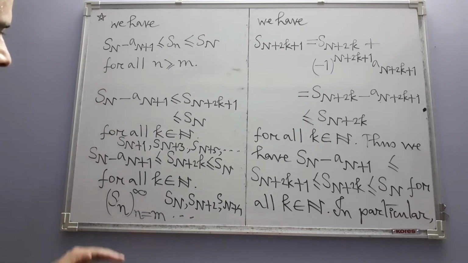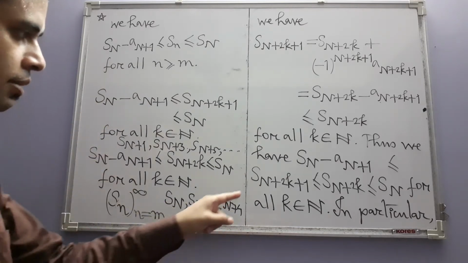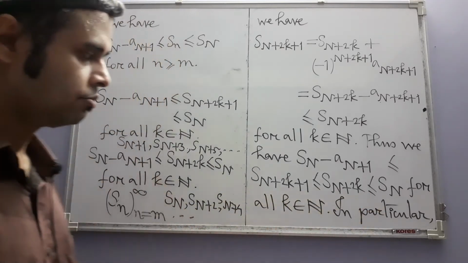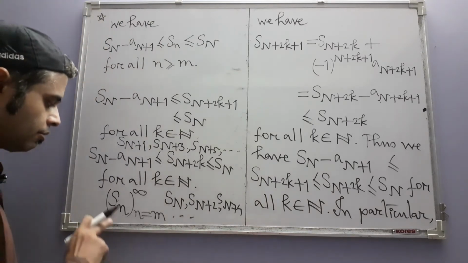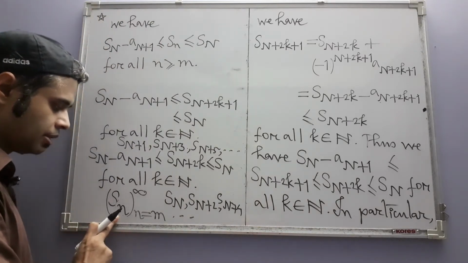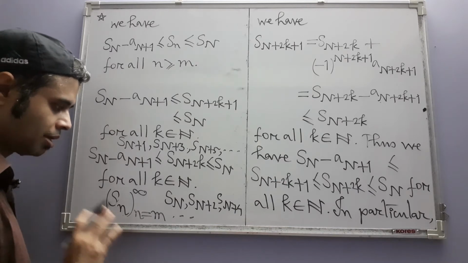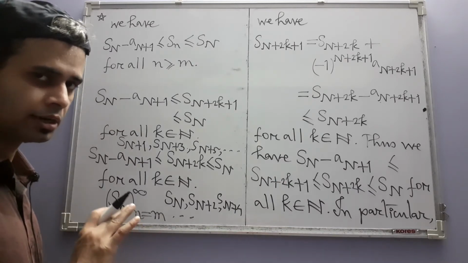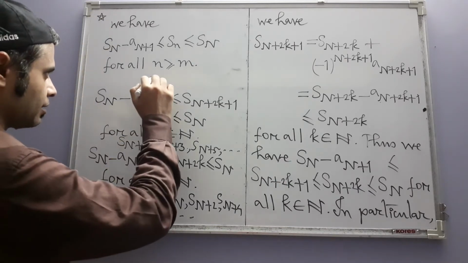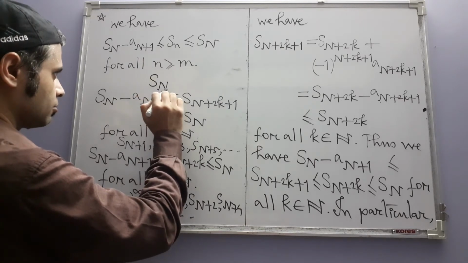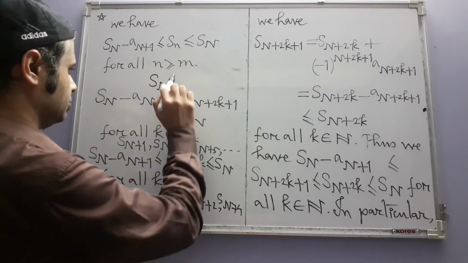So you see that combining these two sets of inequalities, we actually cover all the terms in this sequence S_n, but actually not all the terms, but all the terms that start from n.